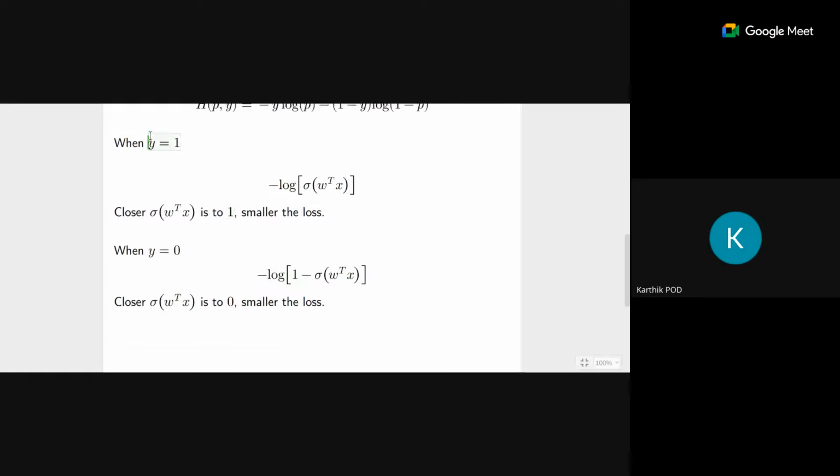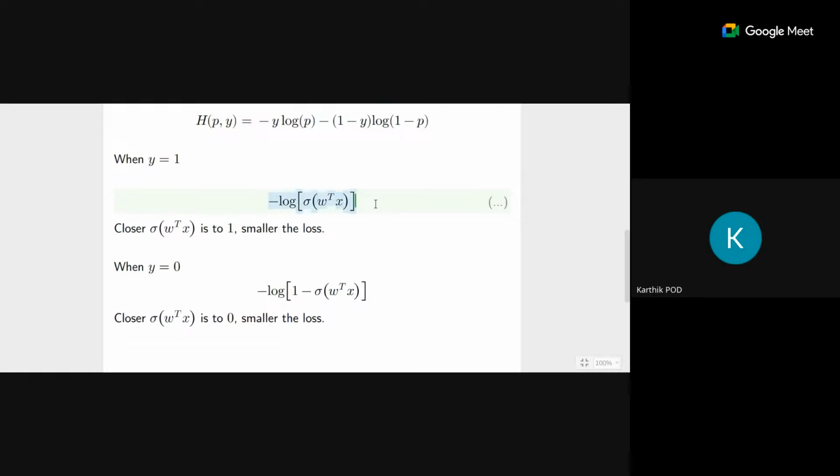When this is very small, 1 minus 0 is 1, and log 1 is 0. Same situation. Notice that these are opposite things. For y equal to 1, the ideal is for sigma of W transpose X to be close to 1, the predicted probability should be close to 1. When y is 0, we want the predicted probability of being class 1 to be close to 0.